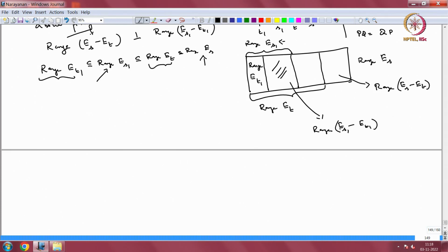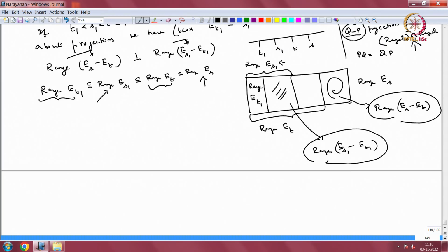Obviously, this subspace and this subspace are orthogonal to each other, because whatever is here is orthogonal to whatever is on the left hand side. From the picture it is very clear that it is true.